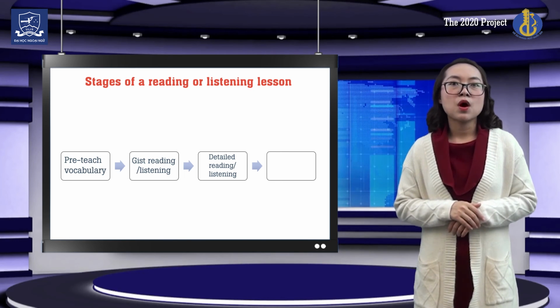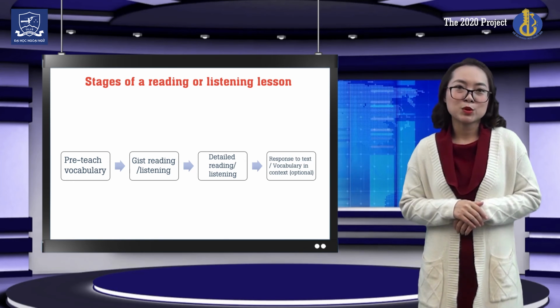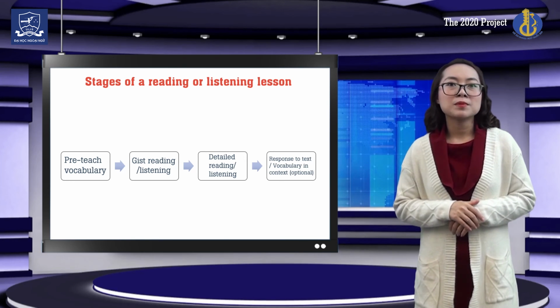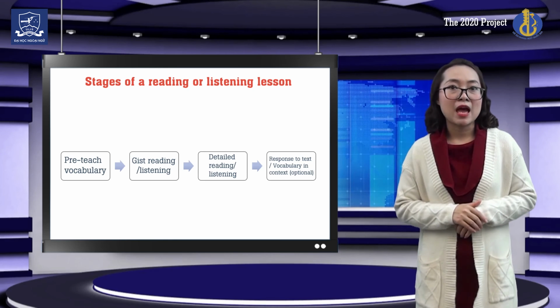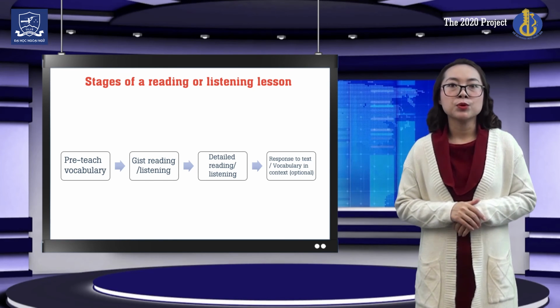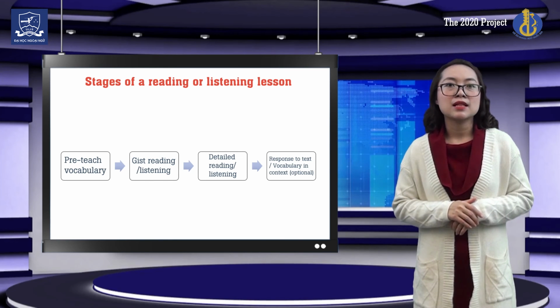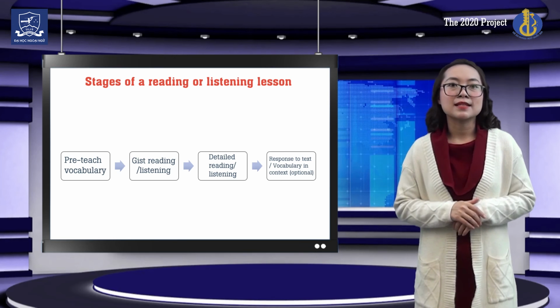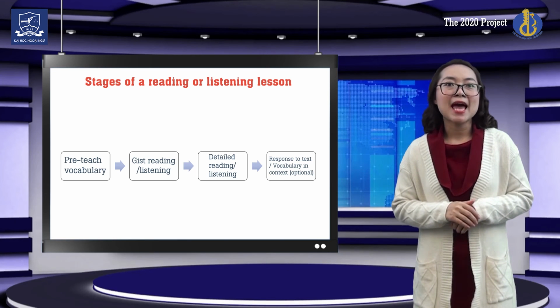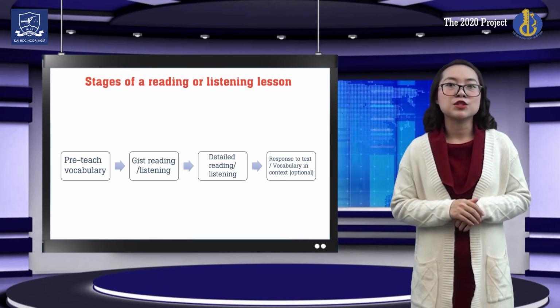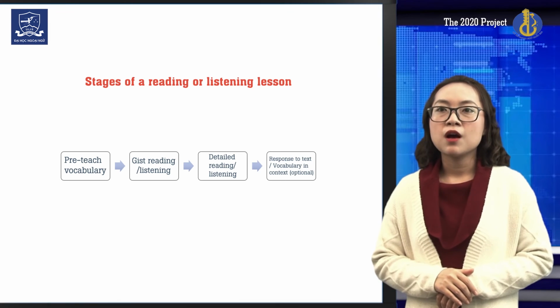4. Respond to text. This is optional. A follow-up stage which asks students to respond to what they have read or listened to can consolidate the ideas presented in the text and engage students with the content they have read or listened to. 5.